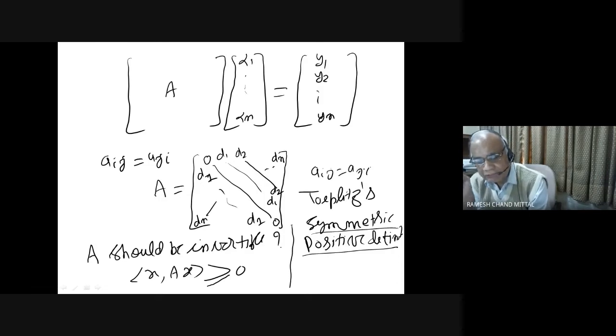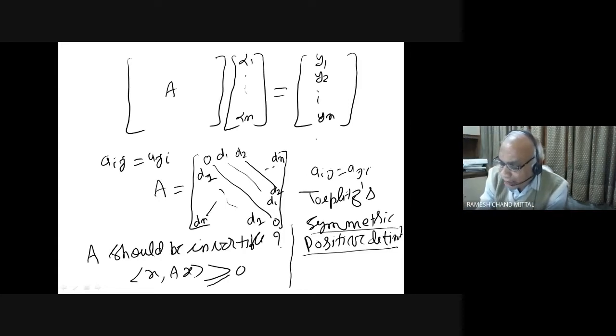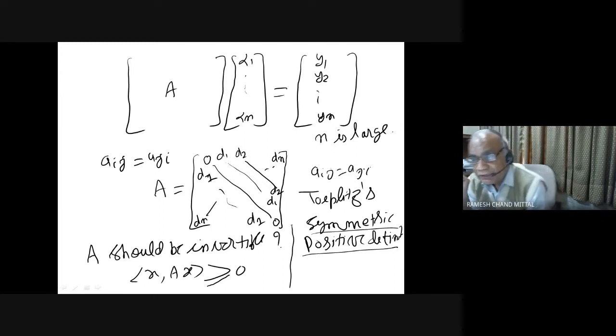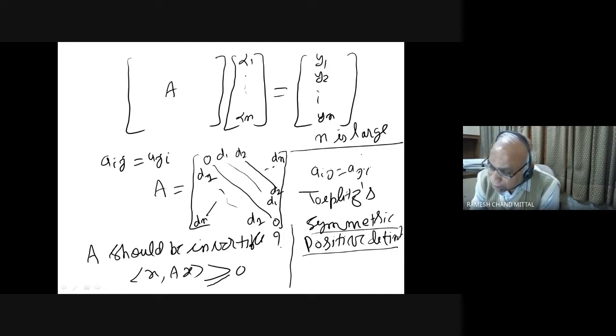It is invertible theoretically. But practically, what happens is that when my n is large, it tends to be an ill-conditioned matrix.